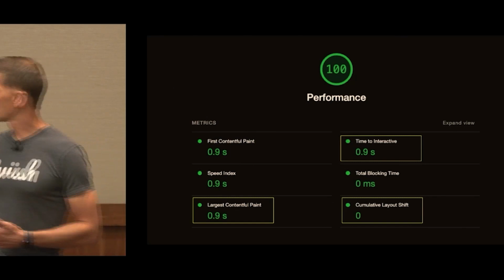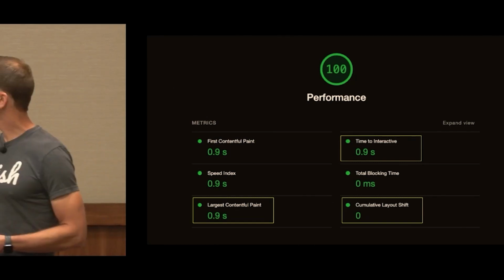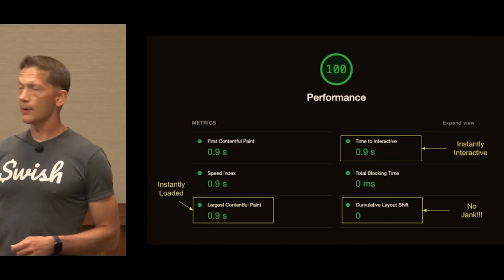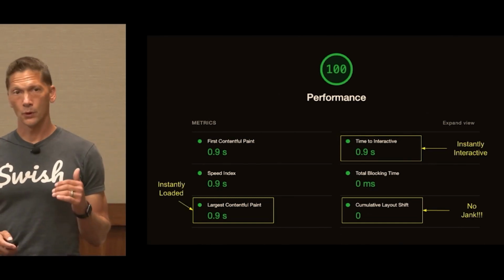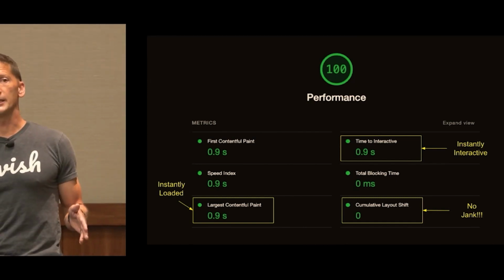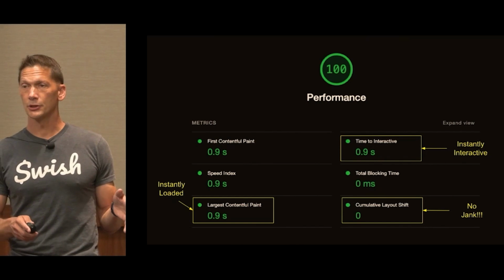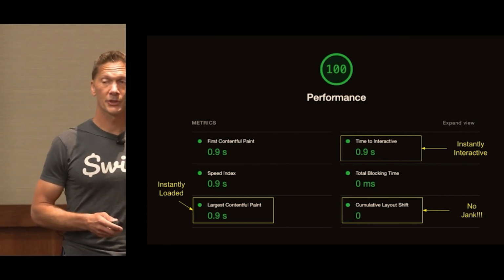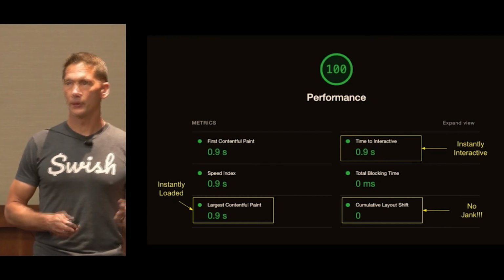It's these three: the largest contentful paint, time to interactive, and cumulative layout shift. When you have under a second for largest contentful paint, which is the moment when the user sees a majority of your page, it has the feeling that your site, your app, is instantly loaded.